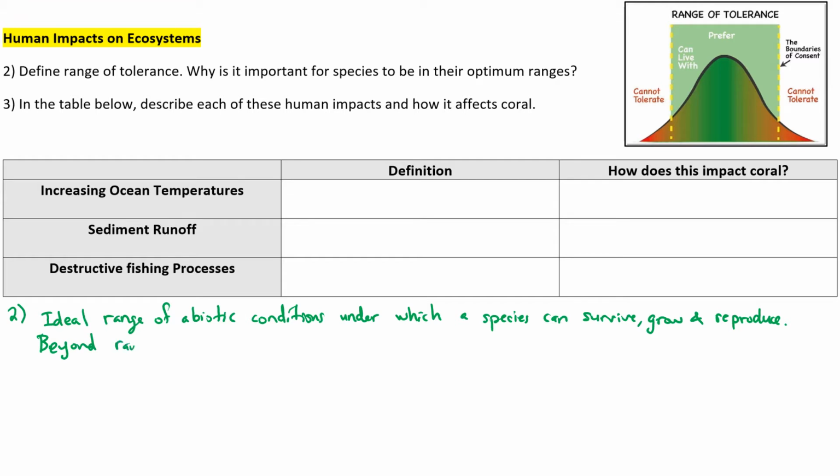Beyond range of tolerance, no reproduction, stress can occur, and perhaps even death.